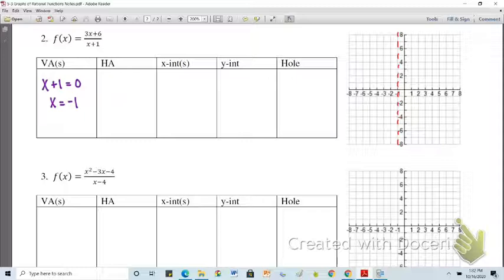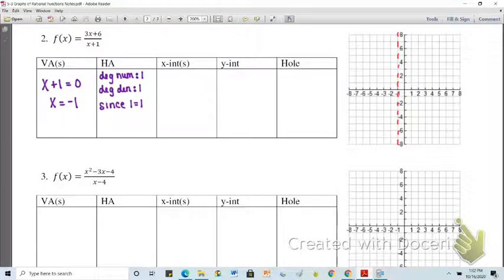Okay, next we go to the horizontal. So this is where we look at the degrees. Degree of the numerator is 1. Degree of the denominator is 1. Since 1 equals 1, we are going to do ratio of the lead coefficients.